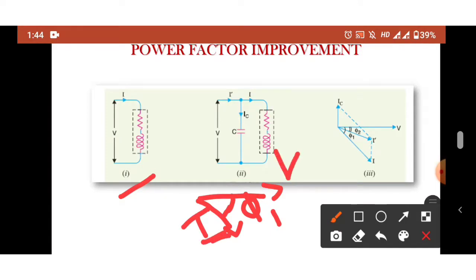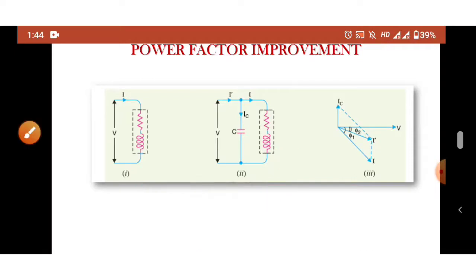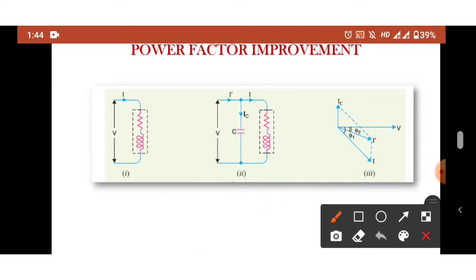We have to improve power factor. That is, for a lower angle we will get a higher cos phi. So we have to reduce this phi 1 to a lower value, then cos phi will get improved. For that, connect a capacitor in parallel with this inductive load.